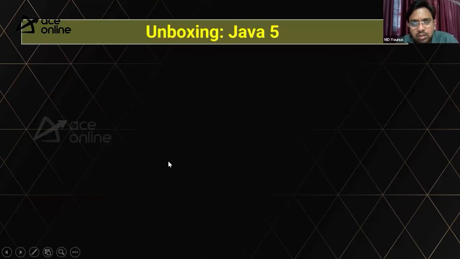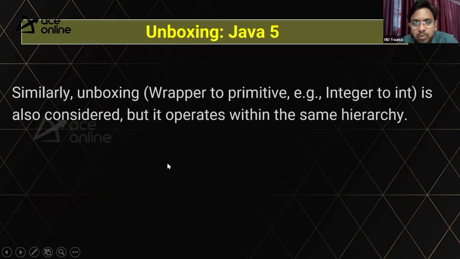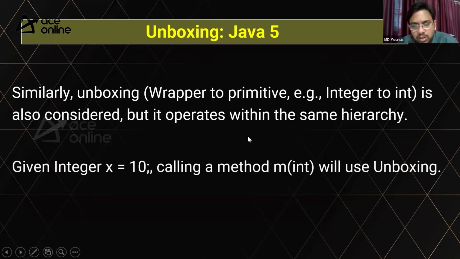Then unboxing. Unboxing means converting from wrapper type to primitive type. Similarly, unboxing wrapper to primitive, that is Integer to int, is also considered, but it operates within the same hierarchy. So giving Integer x equal to 10 or calling m of int will use unboxing actually. Here we gave the value as 10, but we have a primitive type and it still works because we will be using auto unboxing.